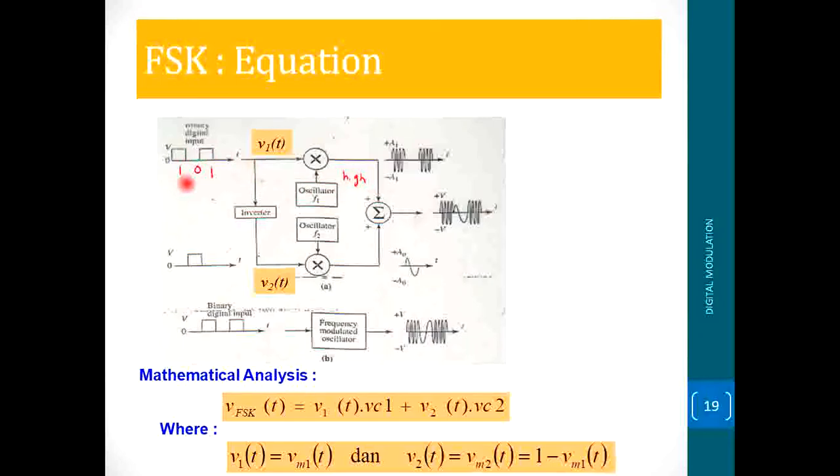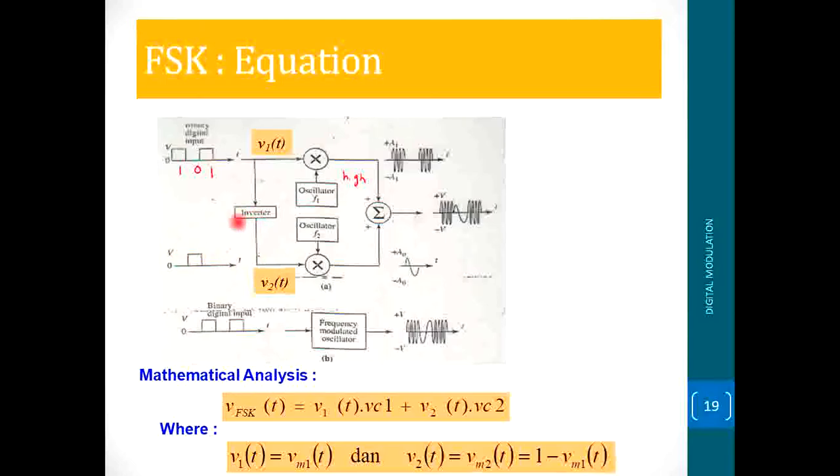And then the information digital input of 101 is inverted to get the second signal with low frequency.